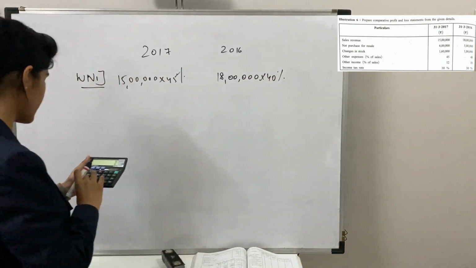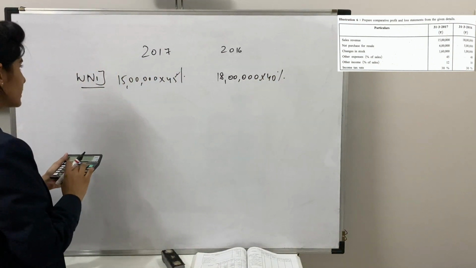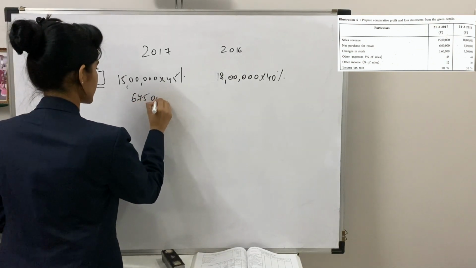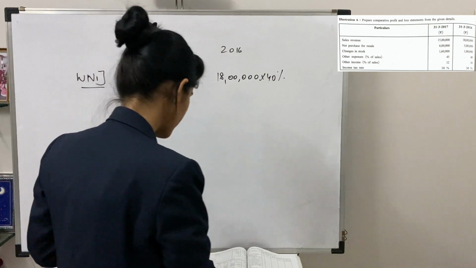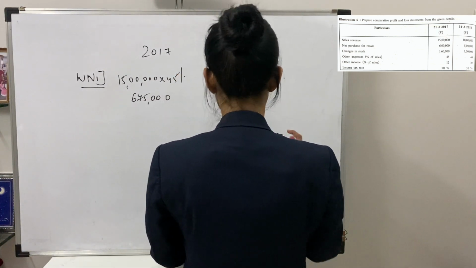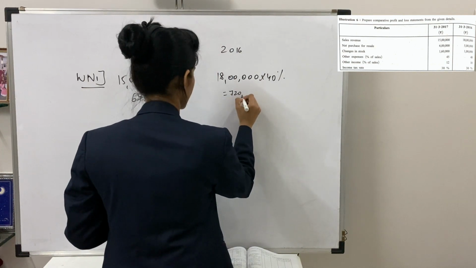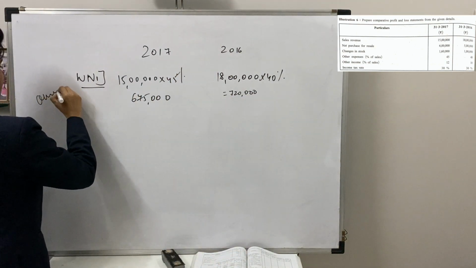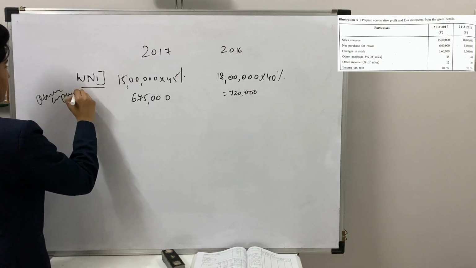Now, finding out the answer, 15 lakh into 45% will be your 6,75,000. And 18 lakh into 40% will be your 7,20,000. So this is the part of your other expenses, which will be used in the format when you are preparing P&L account.